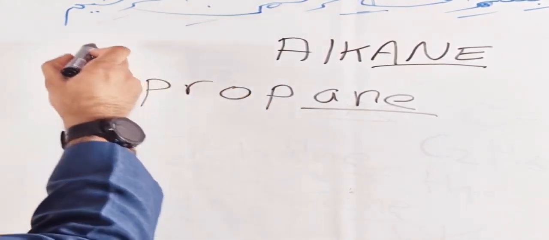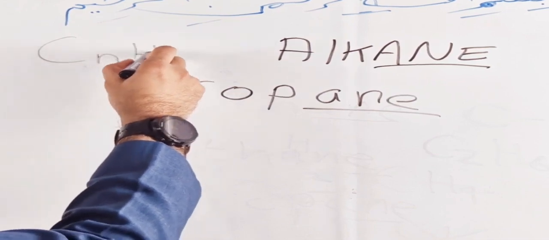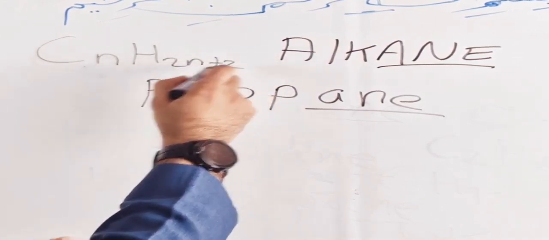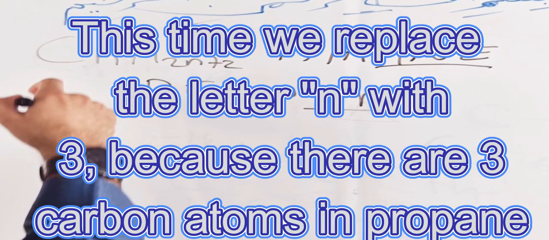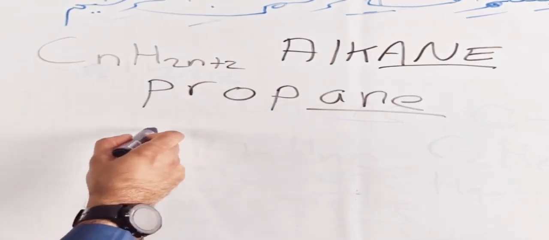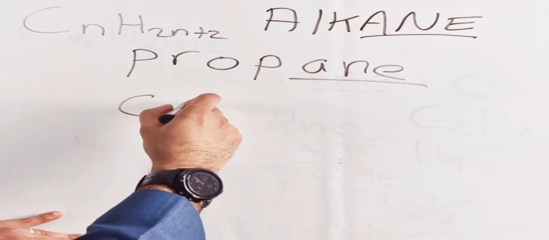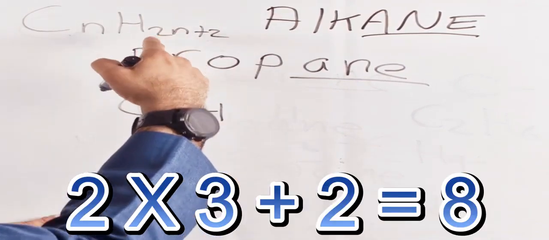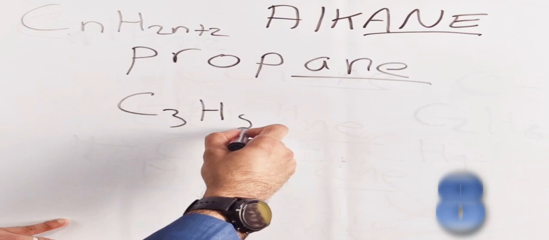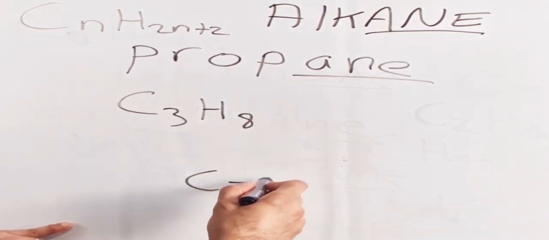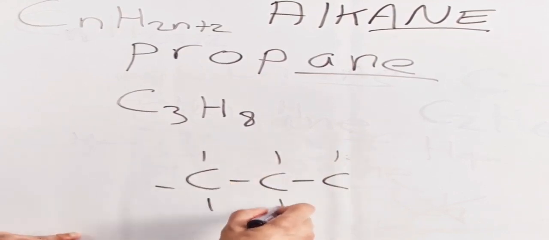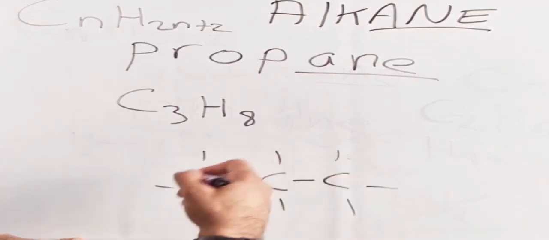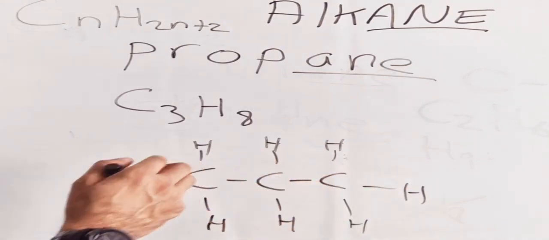So now the formula, if I write this up again, CnH2n+2, 3 carbons, so C3. 2 multiplied by 3 is 6, plus 2 is 8. So I draw 3 carbons, 1, 2, 3, and if my formula is correct, I should have 8 hydrogens. So 3, 4, 5, 6, 7, 8.